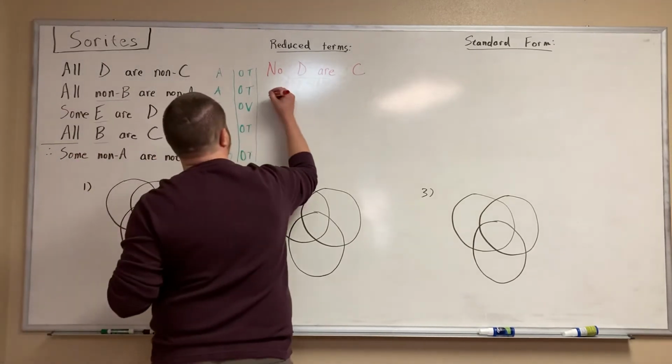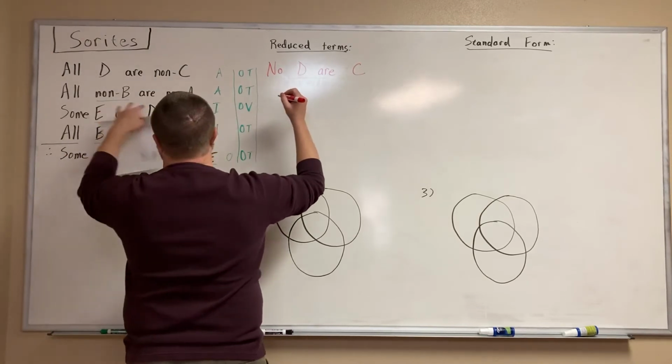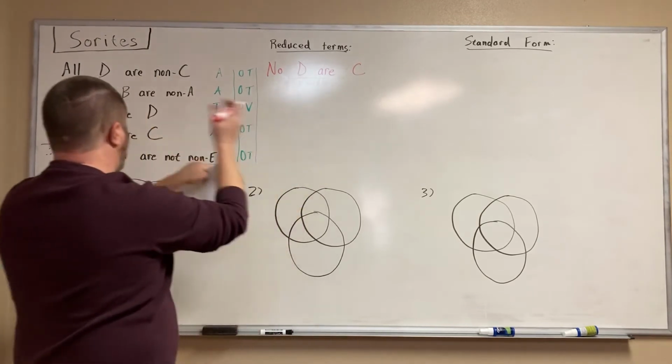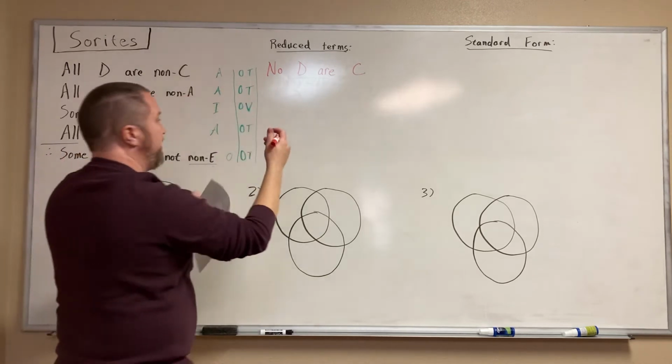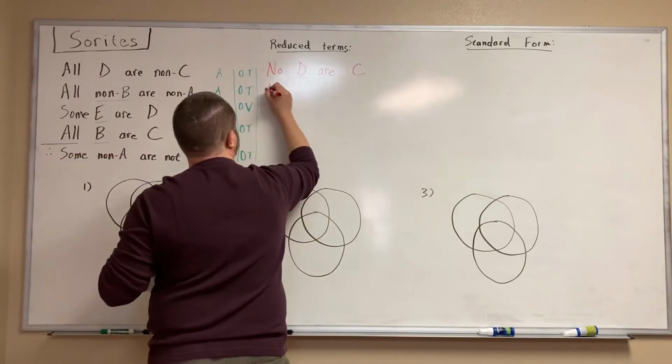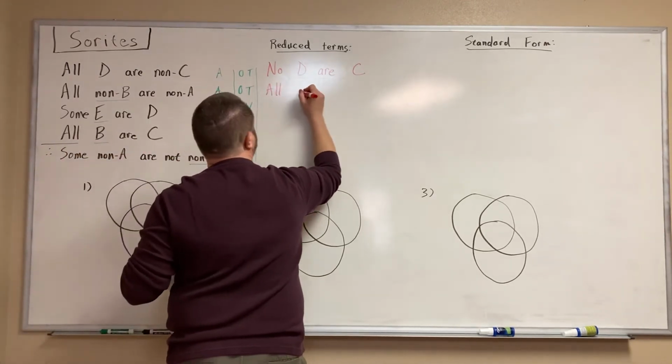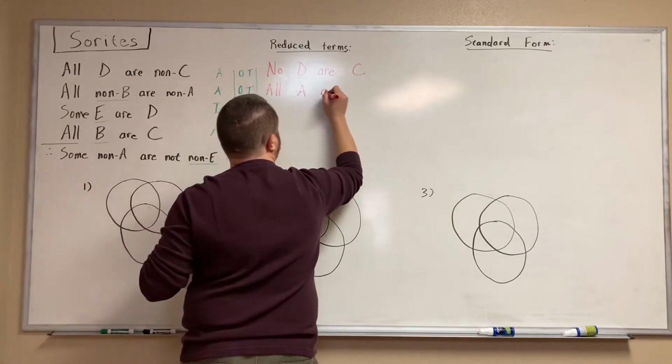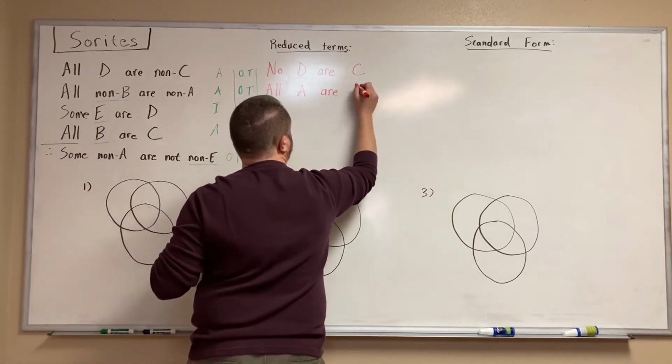Let's go ahead and try that. So we're flipping the terms. We're switching non-A and non-B and then complementing each of them. So the quality stays the same. So that'll be all A are B.